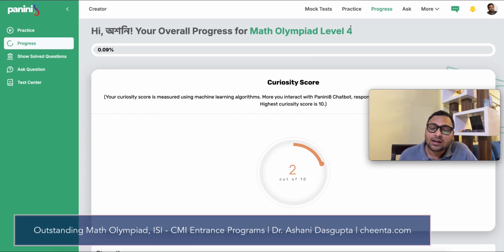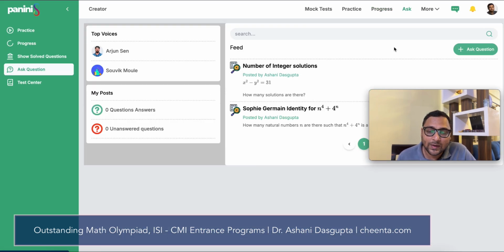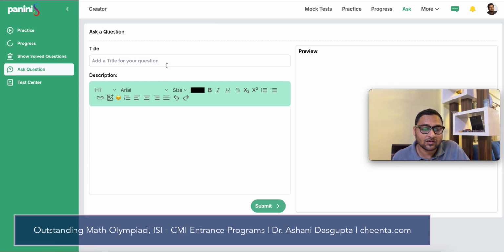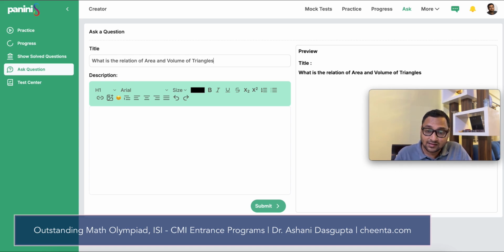Okay, so I could ask a question. Let me just go ahead and ask a question here. This is a LaTeX enabled forum. Let me say, what is the relation of area and volume of triangles? Suppose I have a doubt on this problem, or I could challenge the community with the problem as well.